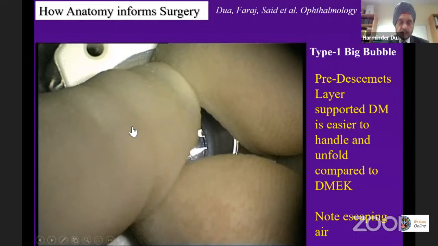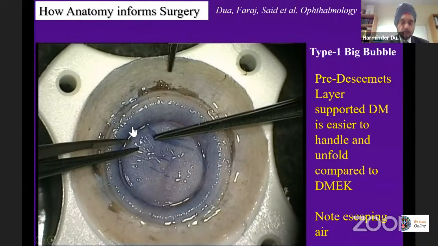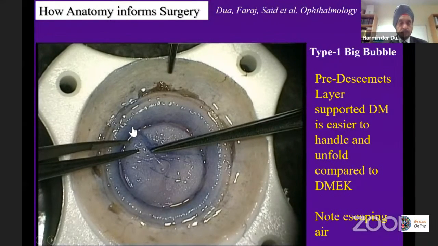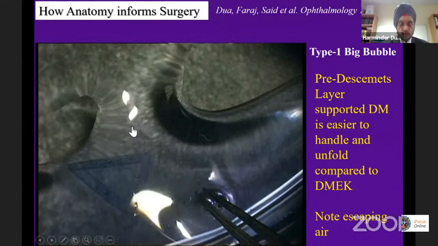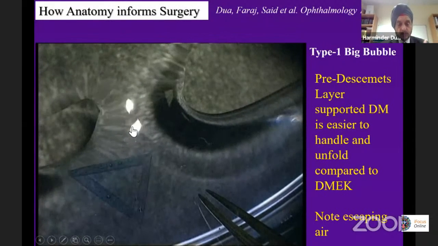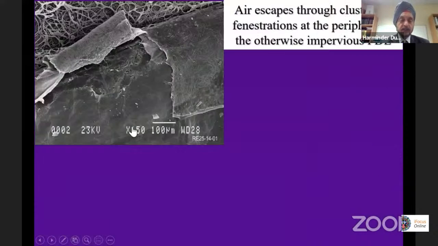And then Agarwal and I developed this into an actual procedure, and we published a paper together on PDEC. So you can see how that scrolls much less, as I've already shown you, than DMEC, and therefore it's easier to unroll in the eye. And the easier it is to unscroll in the eye, the less endothelial cell loss you get.